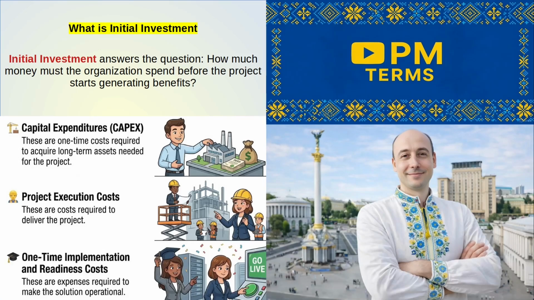These are expenses required to make the solution operational. Examples: training and onboarding, data migration, change management activities, initial configuration and setup. Together, these elements form the total initial investment used in the payback period calculation.